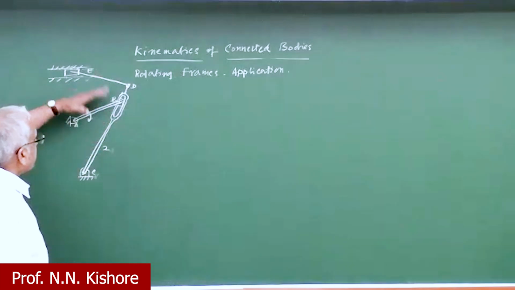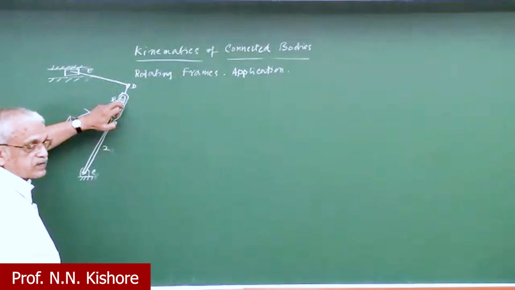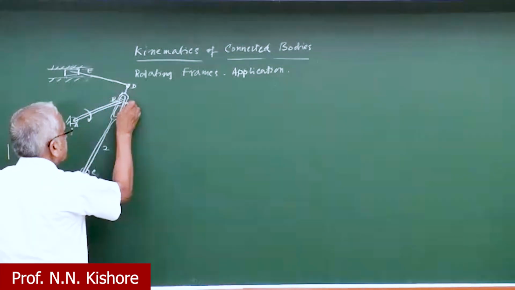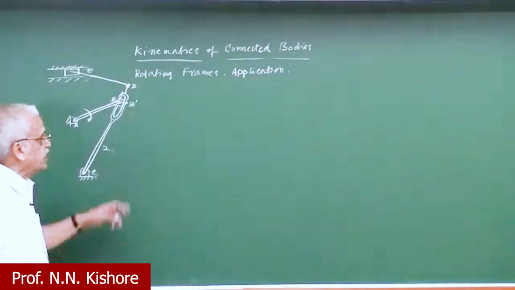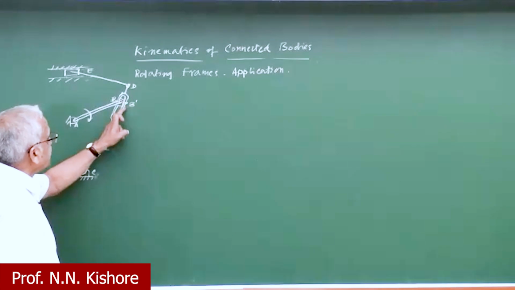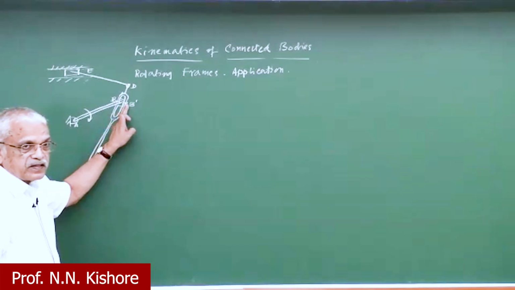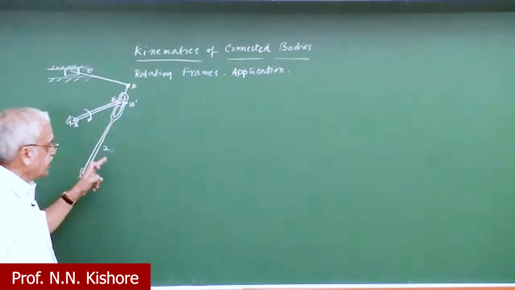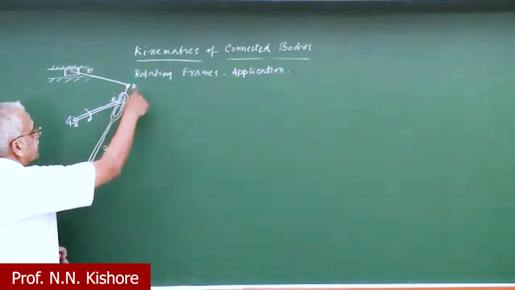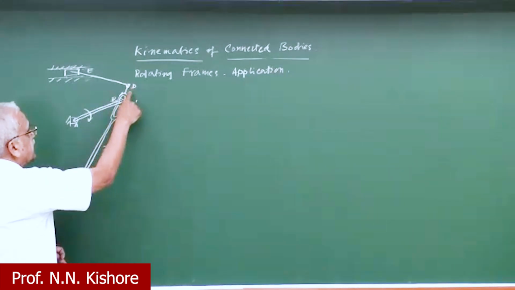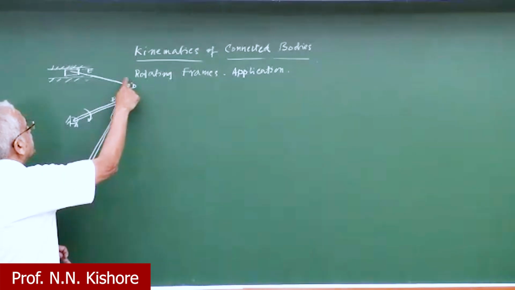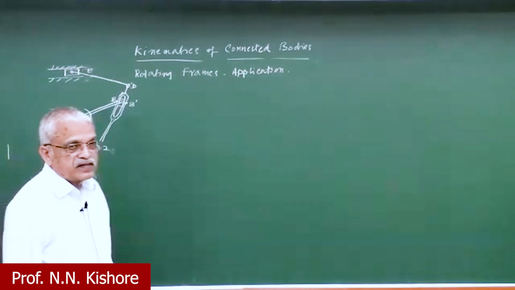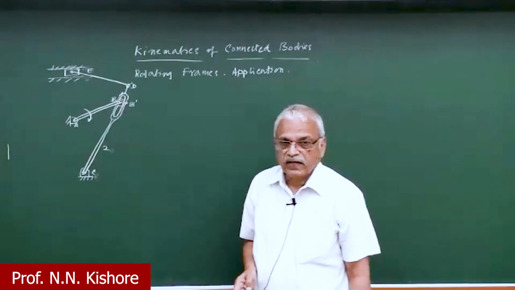As this keeps moving up and down, this point B is going to slide. If you call this B prime, which is on link 2, this contact point is no more constant like a hinge, but B is going to slide in the CD. Then as this rotates, this link is extended up to D, and from D we have another set, so CDE is another system of connected bodies.